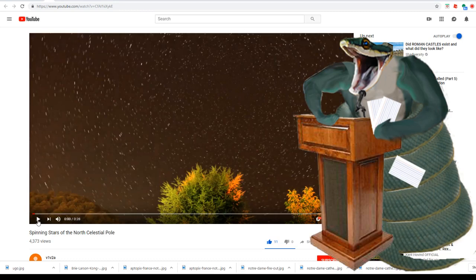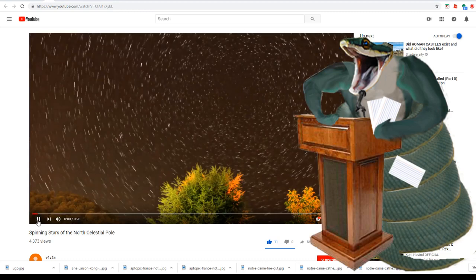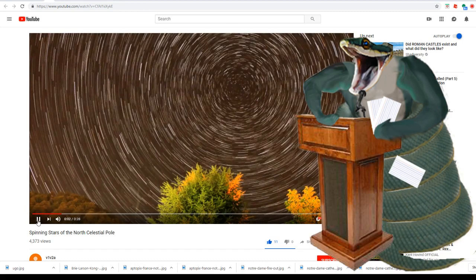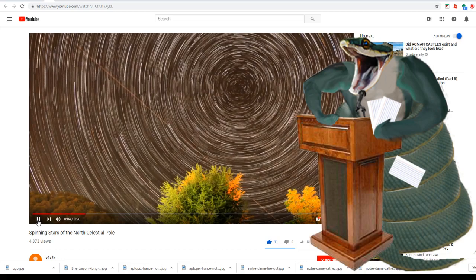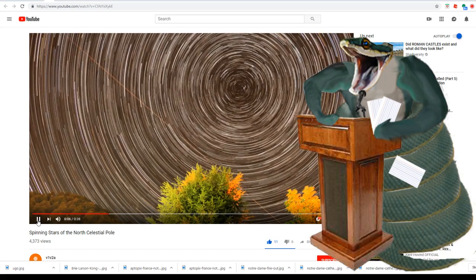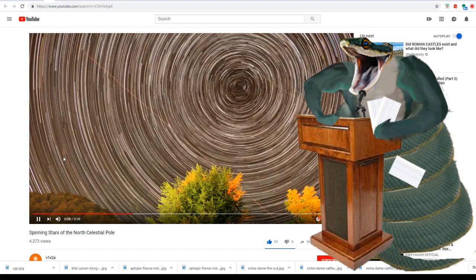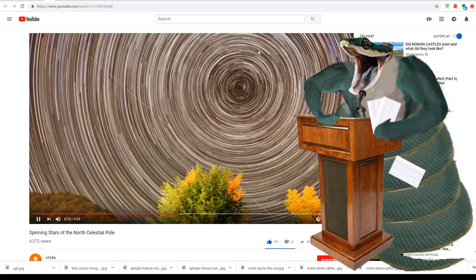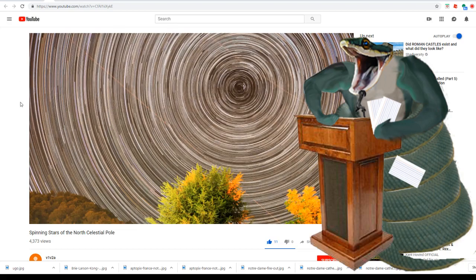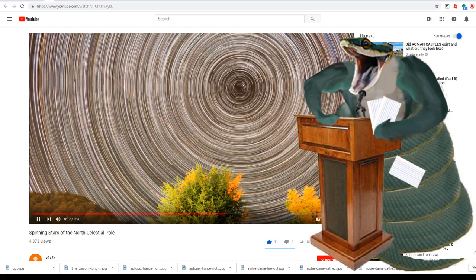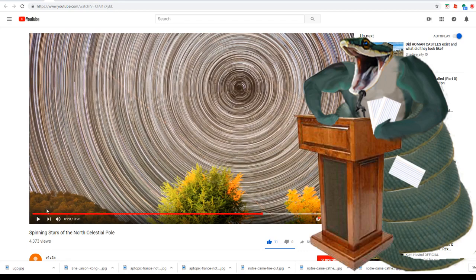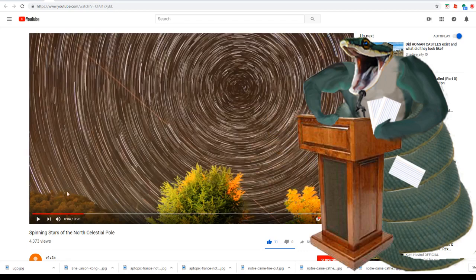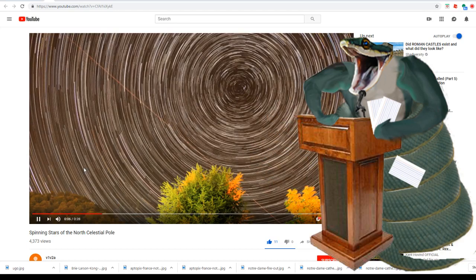he just proved the ball for us, because as we can see, if you're on the outside of any spinning body, you're going to observe this effect where the outer stars are taking a longer distance. What's interesting is that this is the direction that they spin at the North Pole.